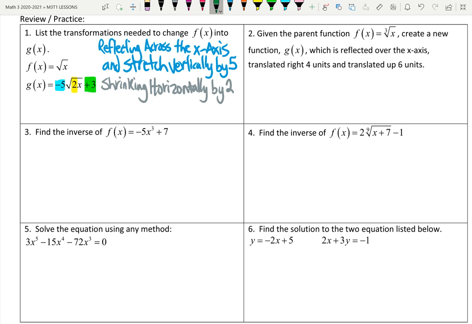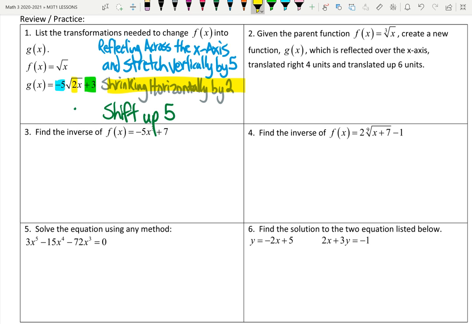And then finally, I have to shift up. Wow. Each piece of information communicates something different to me.